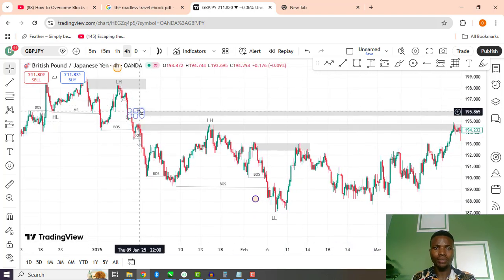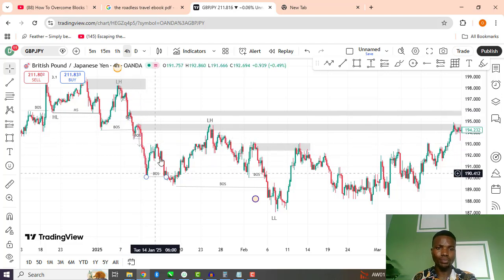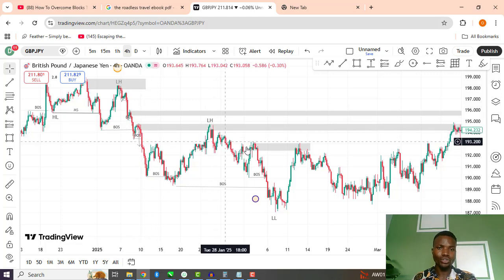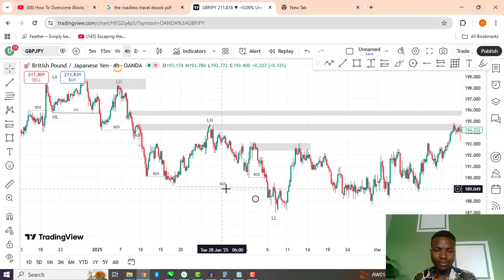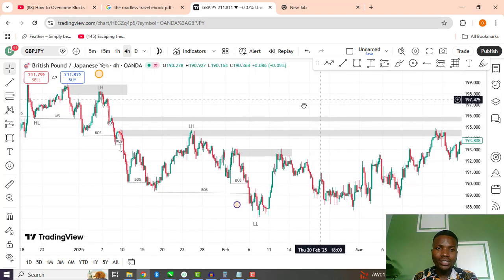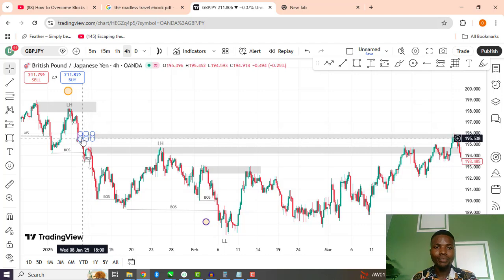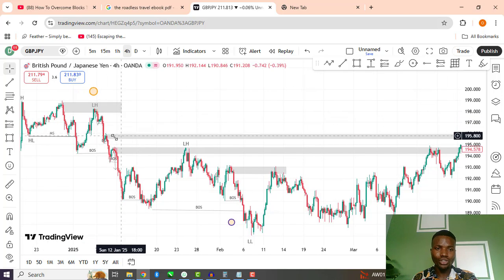So can you see now, this is another break of structure after this one. When price created this break of structure, price came all the way down, we tested this supply zone of this break of structure. After that, after price broke through this level, price reversed all the way up to the next supply zone, which is the next break of structure above it.